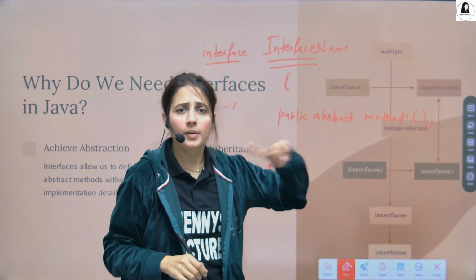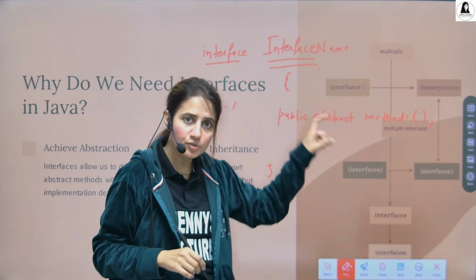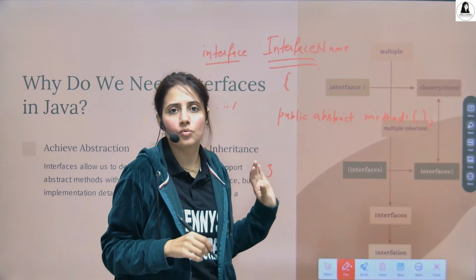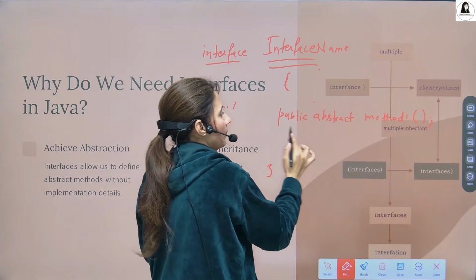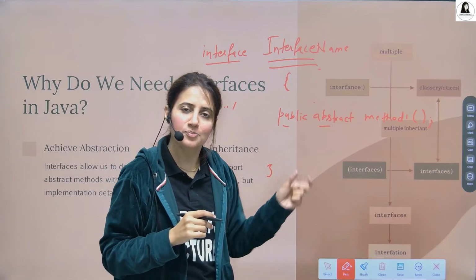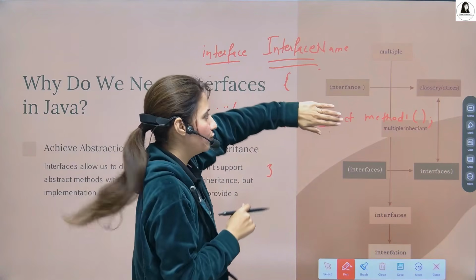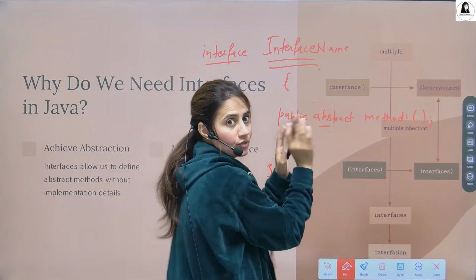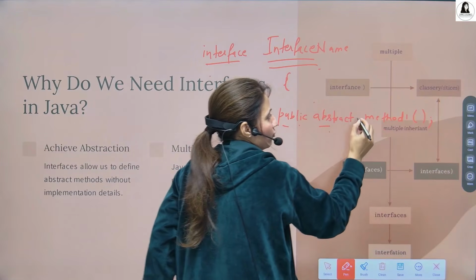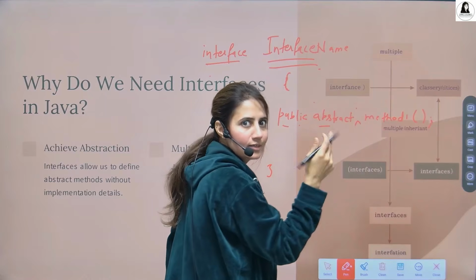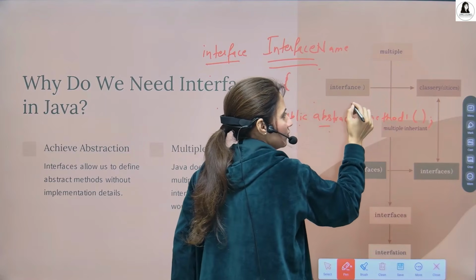There would be no implementation. Only abstract methods are allowed. And these public and abstract modifiers are optional, because by default all the methods in an interface are public and abstract. You have to write the return type of this method as well. Suppose I am writing void.